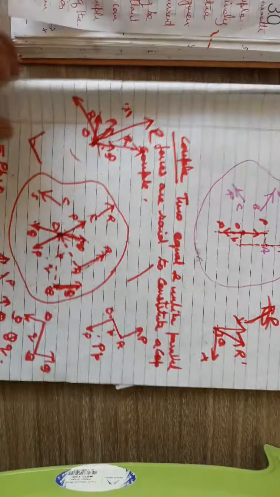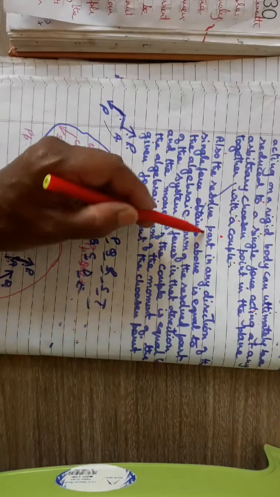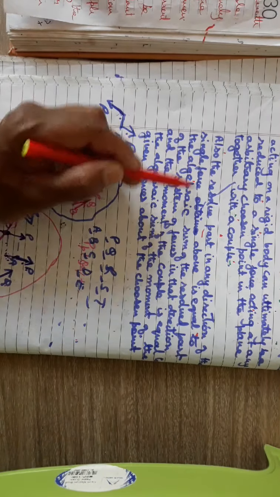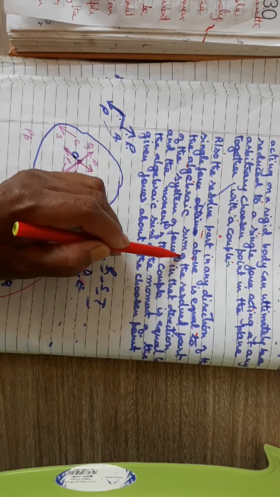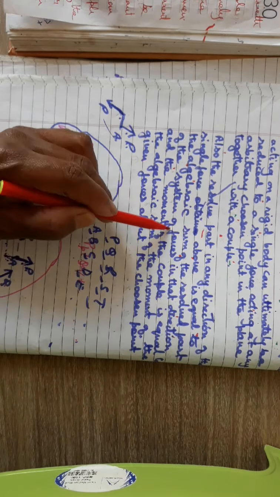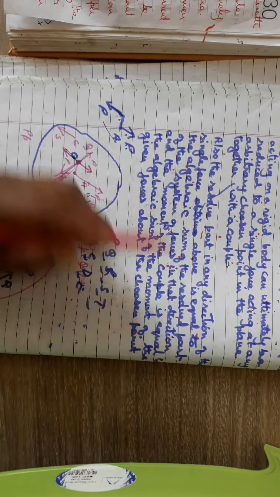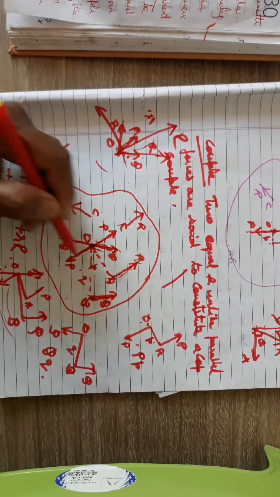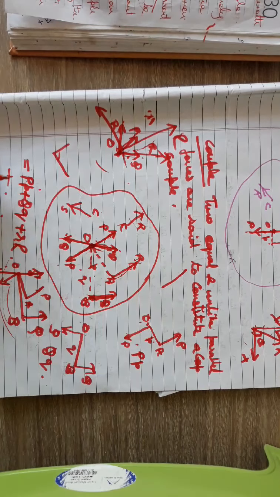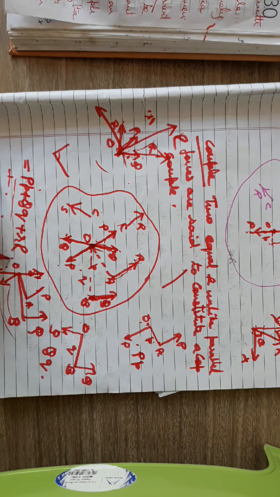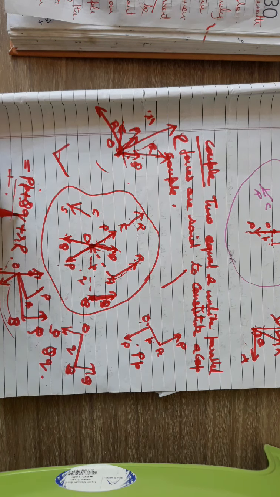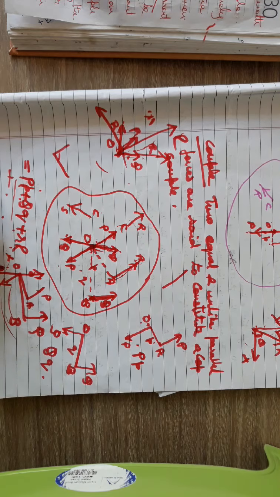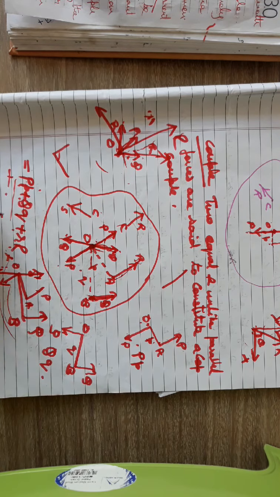Therefore the algebraic sum of the resolved part in any direction of the single force obtained above will be equal to the algebraic sum of the resolved parts of the system of forces in that same direction, and the moment of the resultant couple will be equal to the algebraic sum of the individual couples, that is P into p plus Q into q plus R into r plus and so on. So this completes the proof.